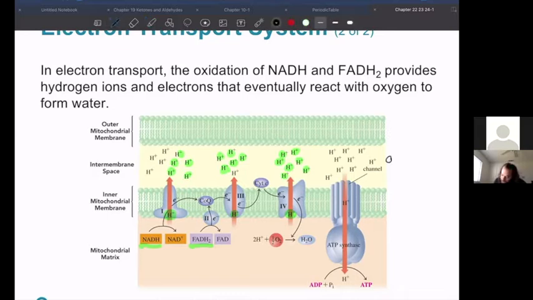Lots of hydrogen ions means it's really acidic, and this is at a low pH. The mitochondrial matrix is at a higher pH, right? So there's what we call a concentration gradient. There's a ton of protons on one side, not a lot on the other side. So that creates this energy gradient where those protons really want to flow back across that membrane.